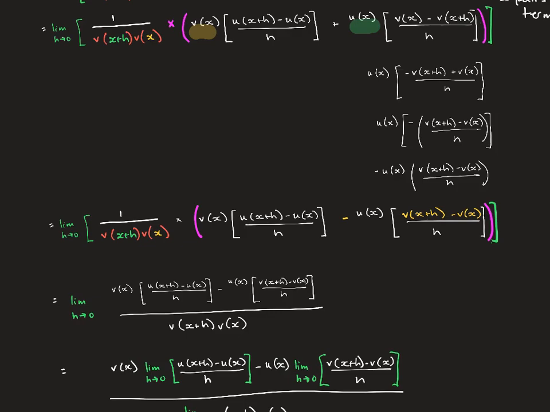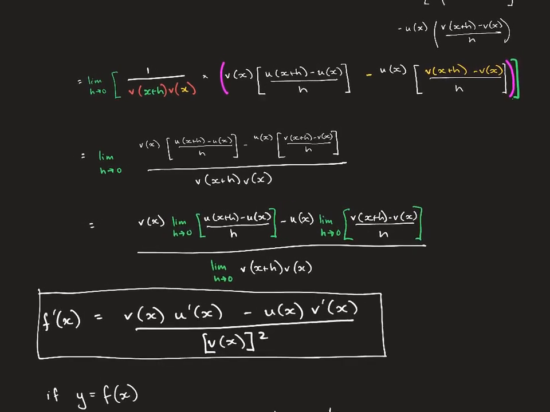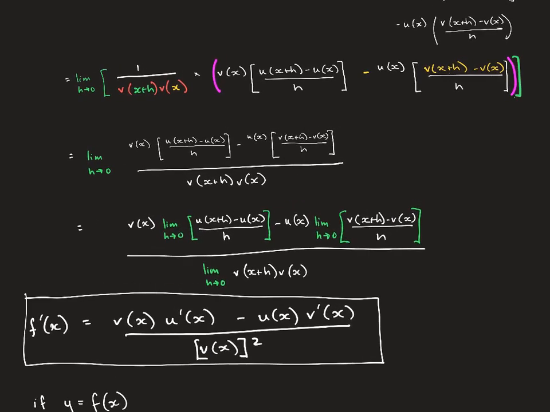When I apply the limit to v of x, the limit as h approaches 0 for v of x is just v of x. I apply the limit to this bracket, which gives me the limit, and now I've got my derivative formula.